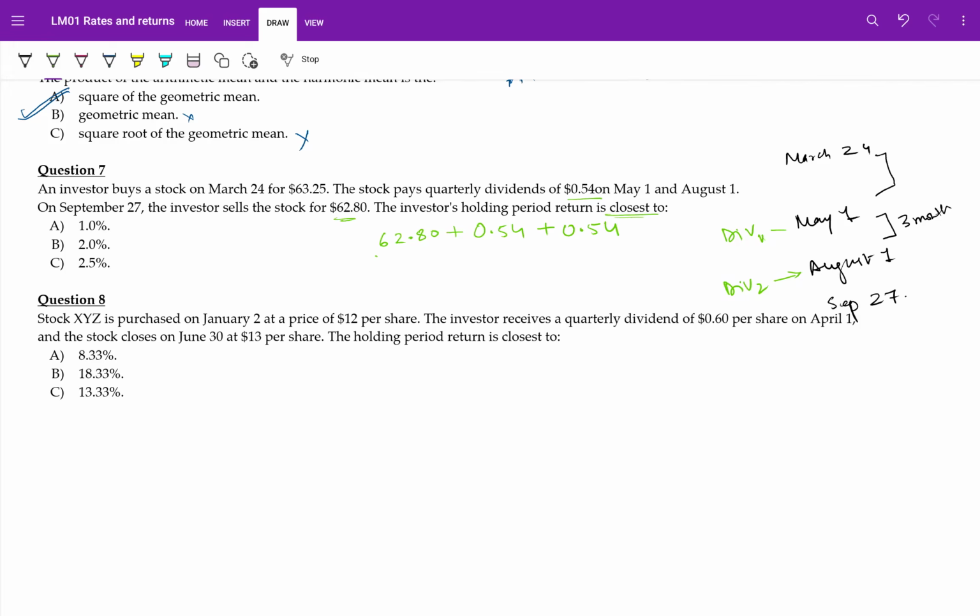Because they are asking for holding period return, the beginning and the ending dates are irrelevant here. If we had been asked to analyze the return, then we would need to know the length of the holding period. Then we divide this by the beginning balance.